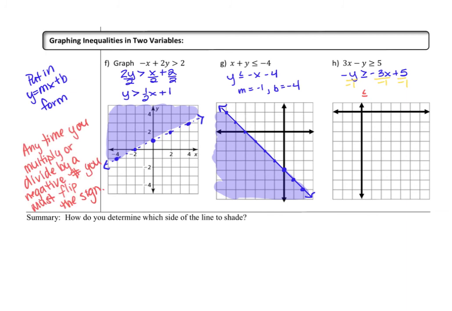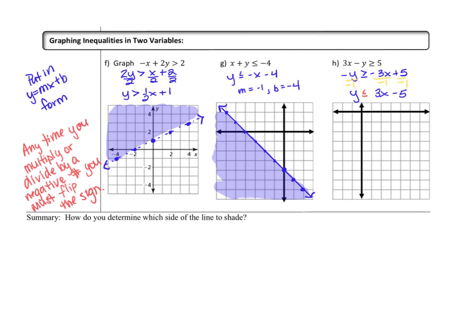So once I reverse my inequality symbol, it's going to go from greater than or equal to, to less than or equal to, and I just have to go through each of these and watch my sign. So negative divided by a negative, that's going to give me a positive. Negative 3x divided by -1, that's positive 3x, and then positive 5 divided by -1 is -5.